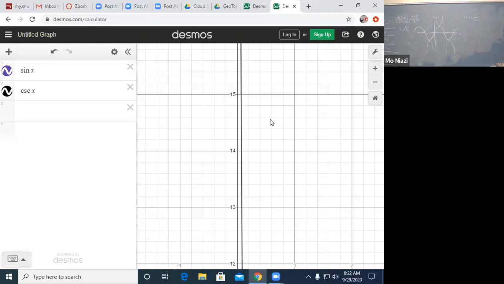Let's do it for this one. Cosecant of pi over 3. That's 1 over sine of pi over 3. Well, sine of pi over 3 is what? It's really early, isn't it?